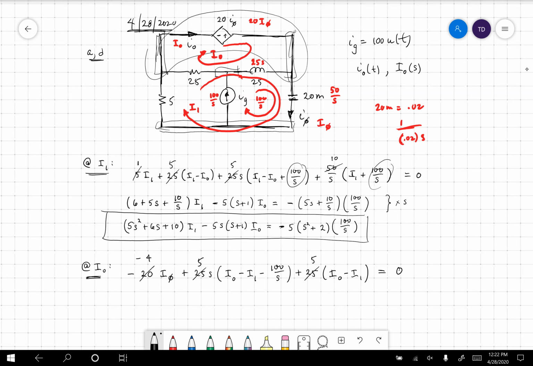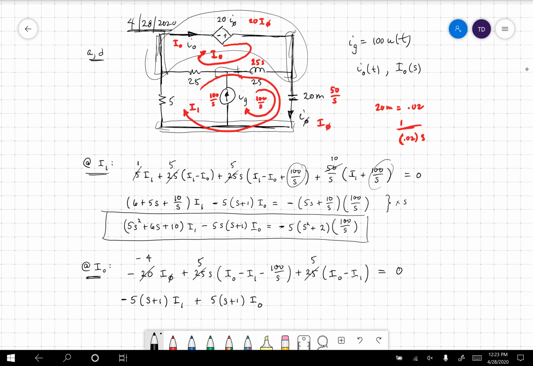Let's write these terms. I1's first. So I have minus 5I1 and then minus 5s, so minus 5s plus 1 times I1, plus minus 0 terms. Same thing: 5 times s plus 1 times I0.